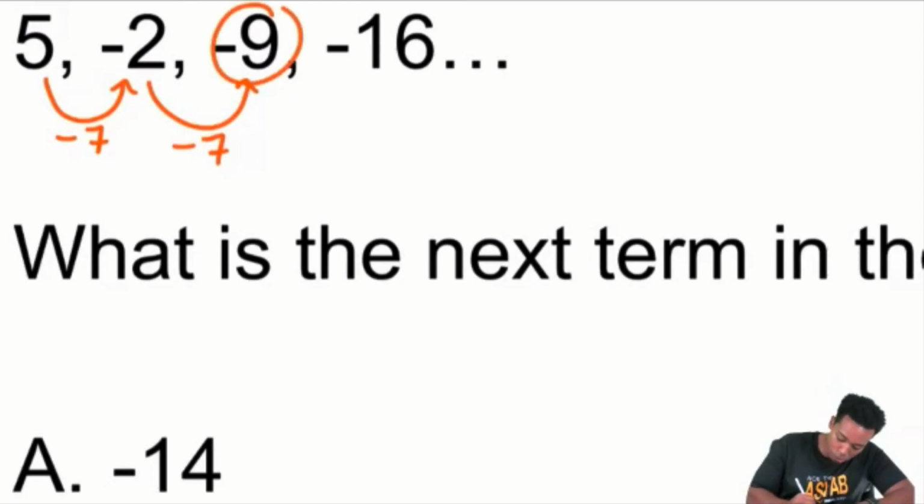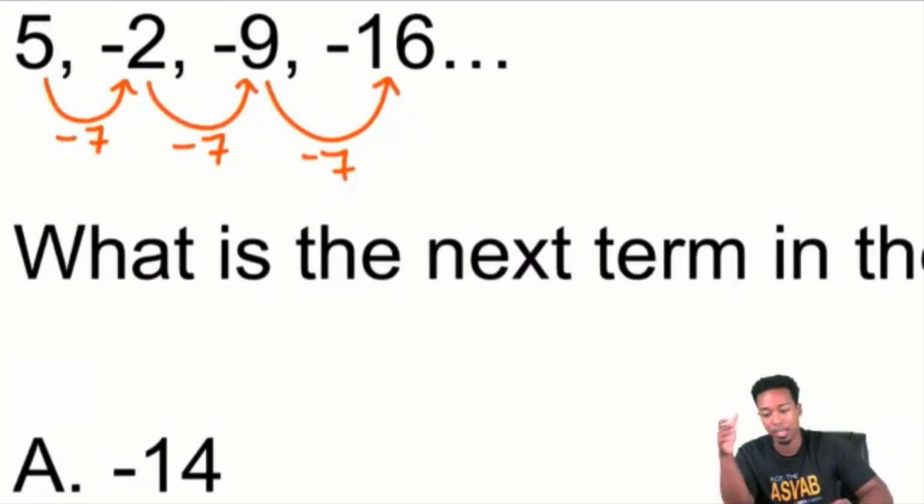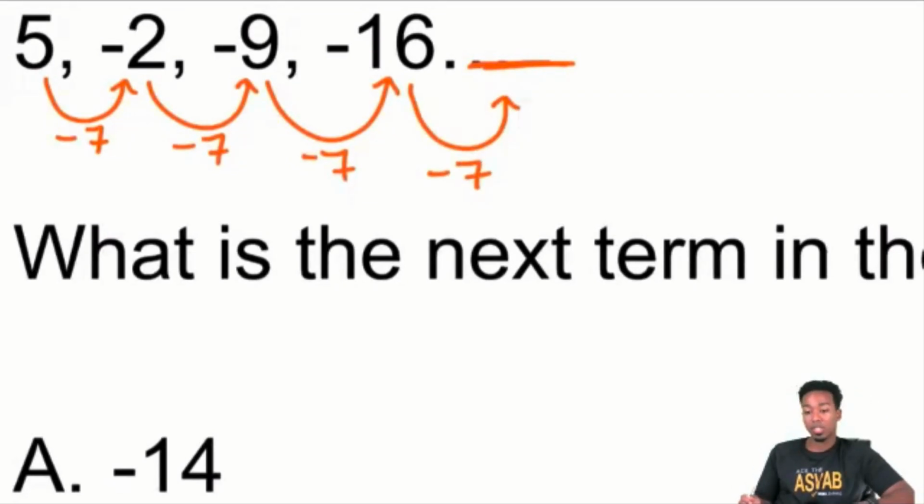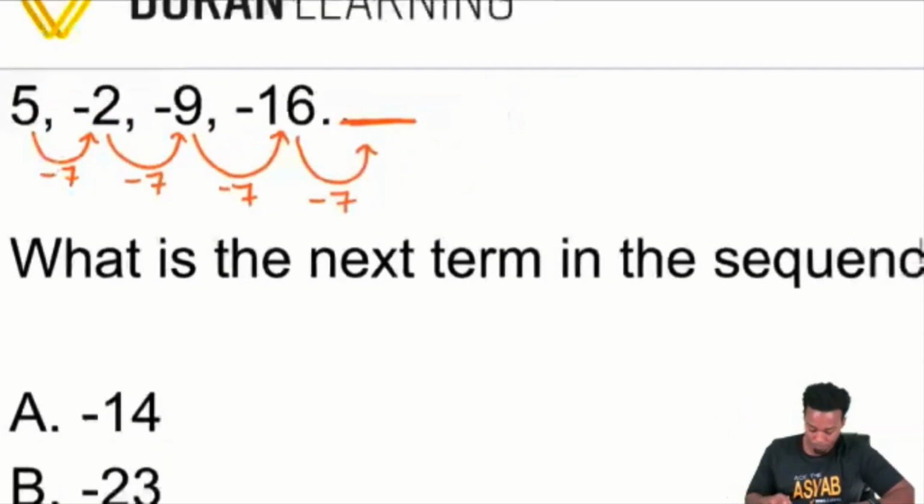If I already spent $9, so -9, and I spend another 7, everybody, is -9 minus 7 going to be a -16? Absolutely. So the pattern holds. The pattern holds here. And so to find the next term, we're going to spend $7 again. So to spend $7 again, everybody, from 16, spend another 7, where are we at?